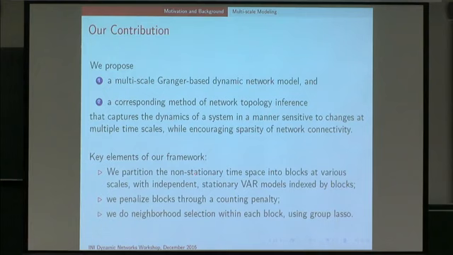We're going to partition the time space into blocks, each with independent stationary VAR models indexed by block. We penalize blocks using a counting penalty. We do neighborhood selection within each block using a group lasso. The group lasso is because you have this entire vector of dependencies across lags that is going to determine whether or not I have an edge.